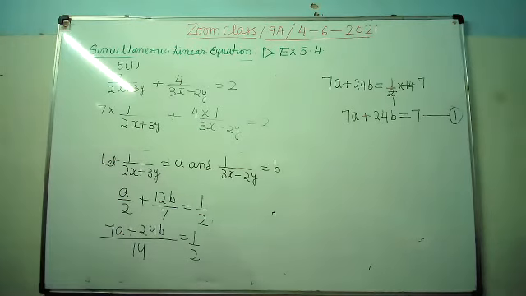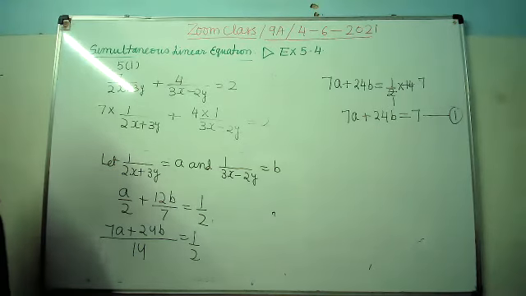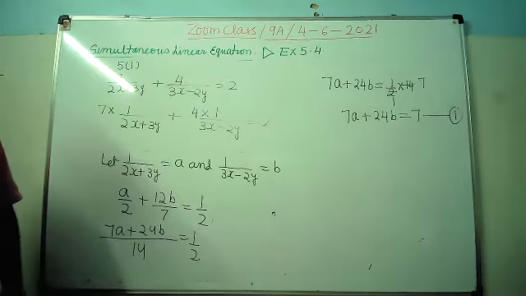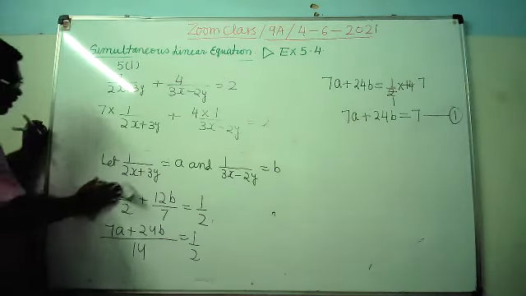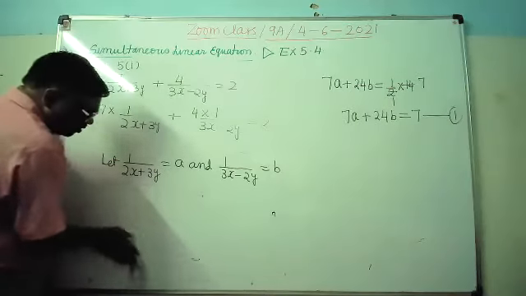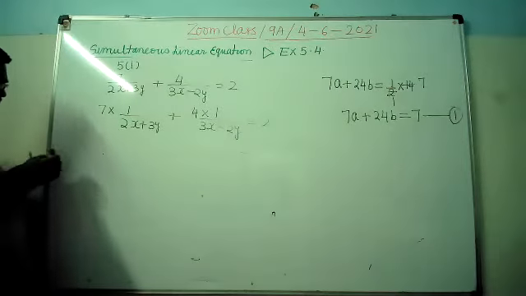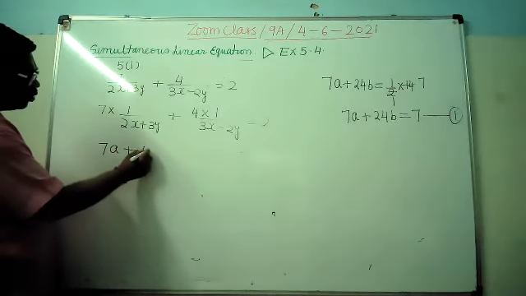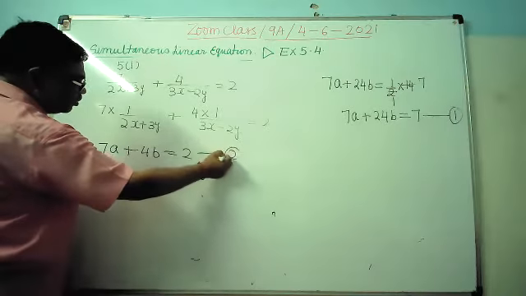Now, as you know, in place of 1 upon 2x plus 3y you have assumed A, and in place of the other you have assumed B. So when you make these substitutions, this will become 7A plus 4B equals to 2. This is equation 2.